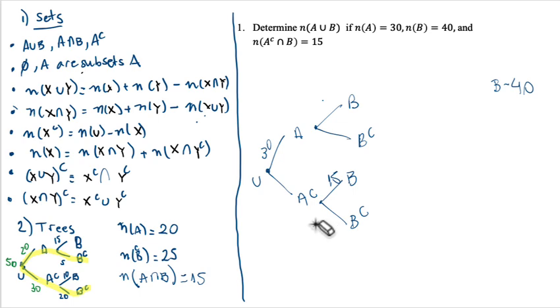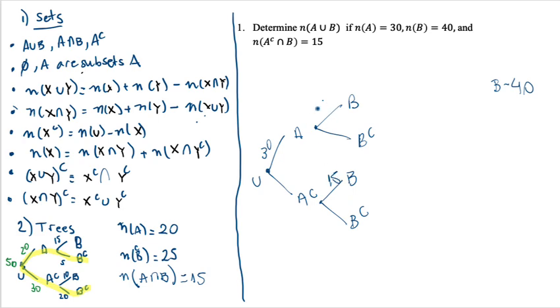All right, so how can I start thinking about this problem? I know that everything in B sums up to 40. So whatever is here plus whatever is here has to sum to 40. And I already have 15 because this was given. So how much do I put here to get to 40?